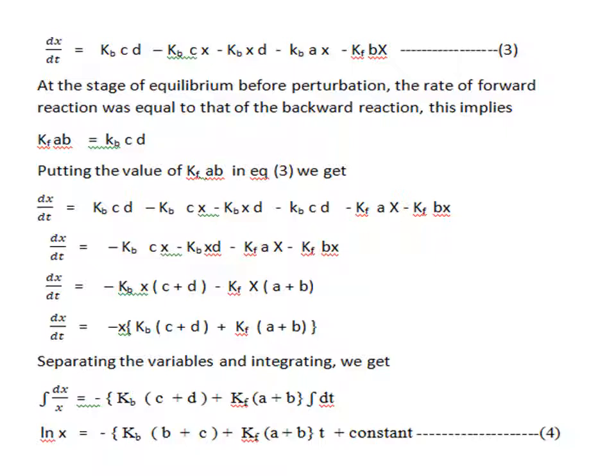Putting the value of Kfab in equation 3, we will get dx over dt equal to kb into cd minus kb into cx minus kb into xd minus kb into cd minus kf into ax minus kf into bx.